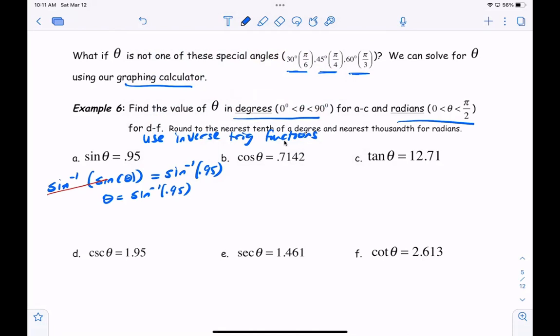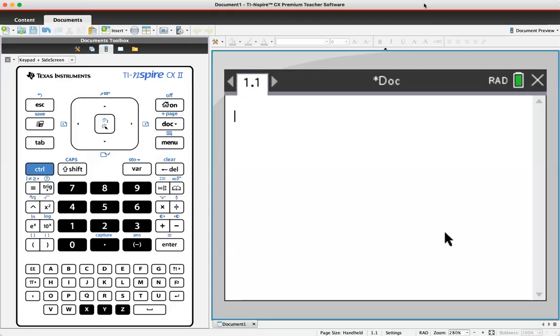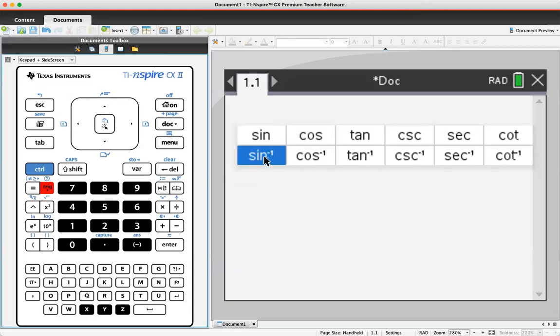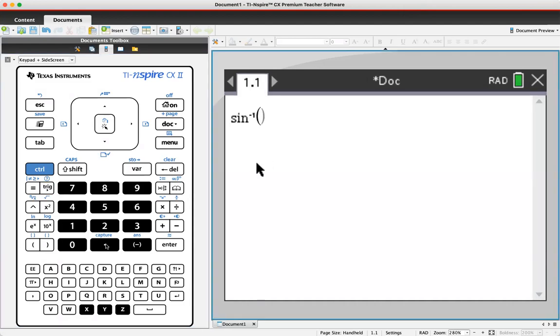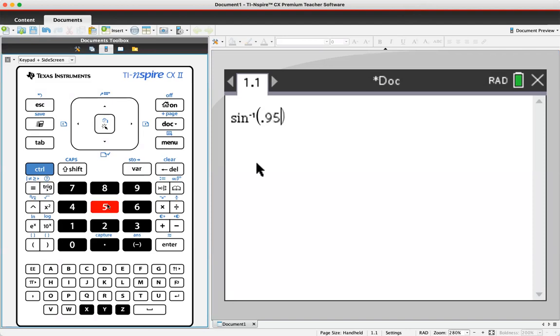And now we're going to switch over to our calculators. So I'll share that screen now. And let's see how we can do that on our calculator. If you hit the trig button, you'll see that we actually have the sine inverse function. So we can hit sine inverse and then 0.95. But before we do that, we need to be careful because we want the angles to be in degrees.